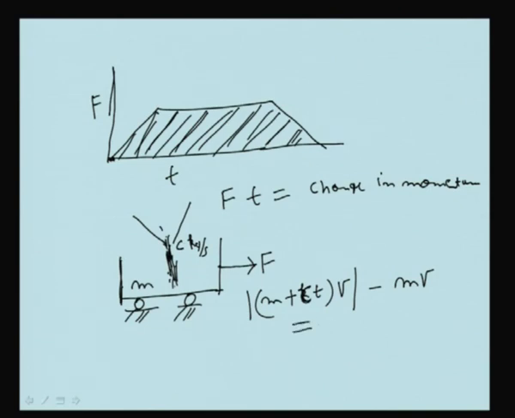Then the total change in momentum is equal to Ctv, which is equal to force times t, and thus we get F is equal to Cv.